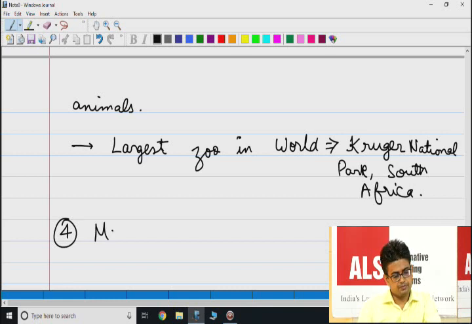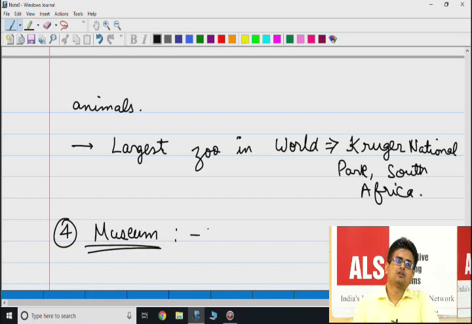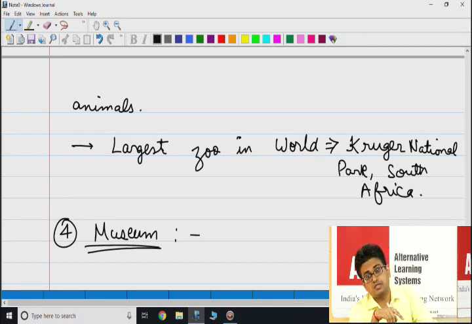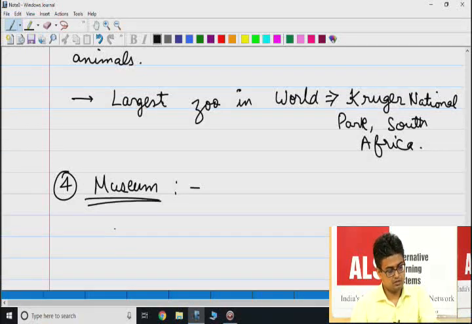Number 4, museum. So what is a museum? A museum is a place where the dried, preserved animal specimens are kept, just like plant specimens were kept in herbarium.